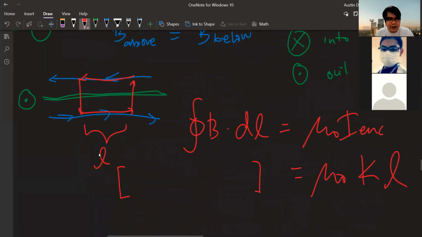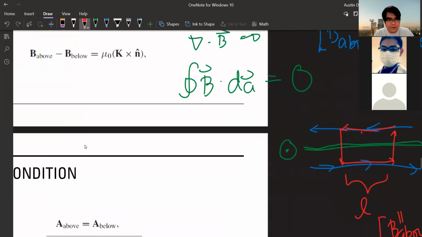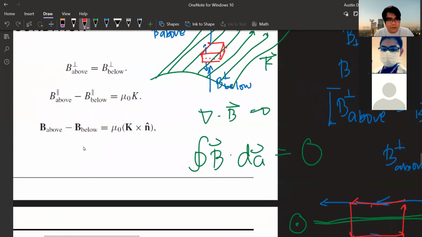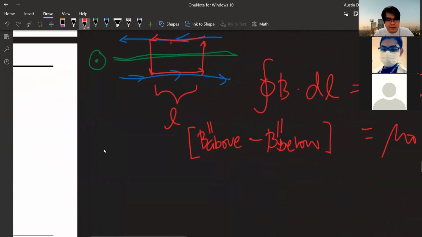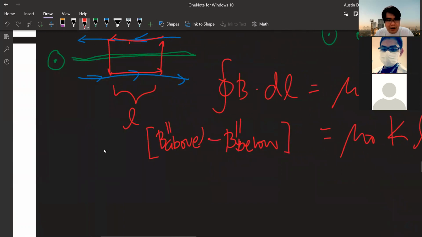Okay, so denote natin na above ay B above parallel. Ito yun, this guy. And then B below parallel times kung ano yung length, that would be L times L. Okay, tama ba?